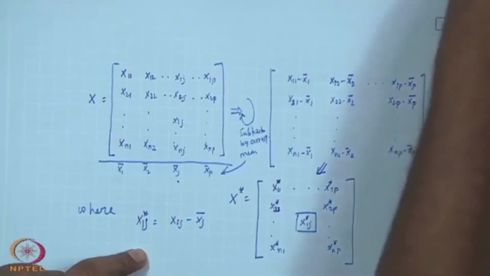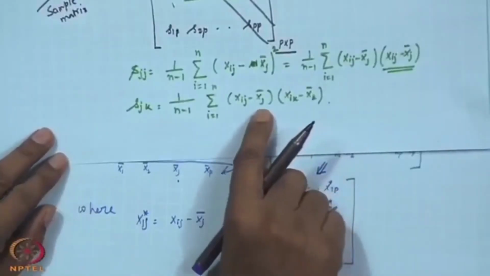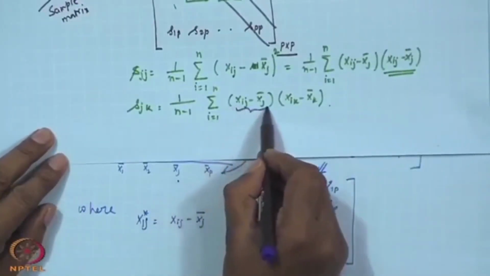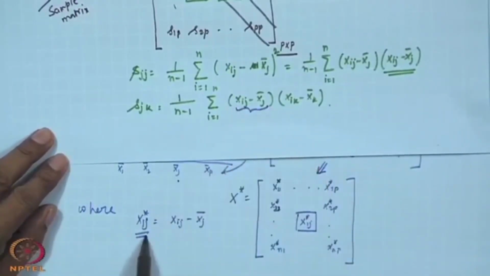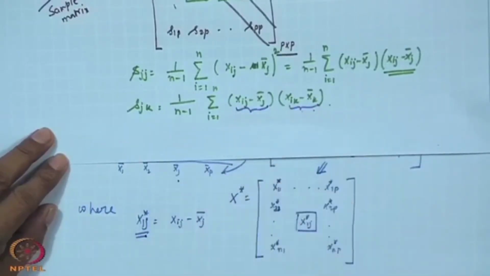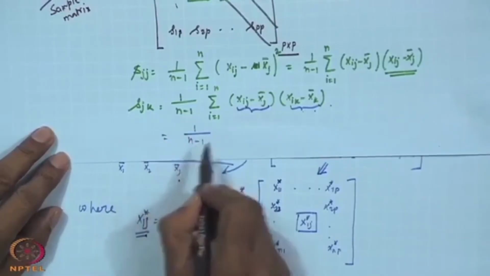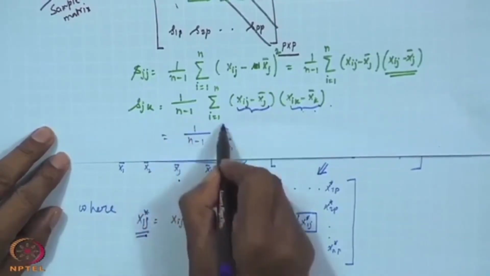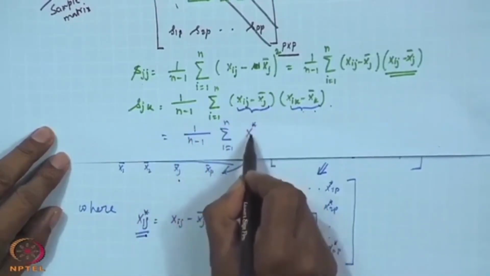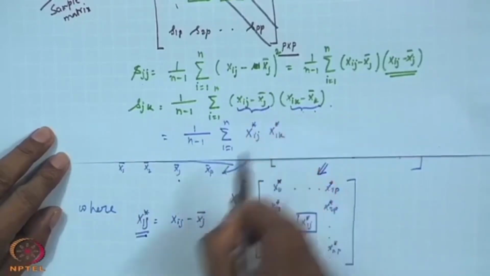Okay. Now, if I use this formula, what will happen then? In this case, x ij minus x j bar is x star ij, and this one will be x star ik. So, the resultant expression will be 1 by n minus 1, sum total i equal to 1 to n, x star ij x star ik.